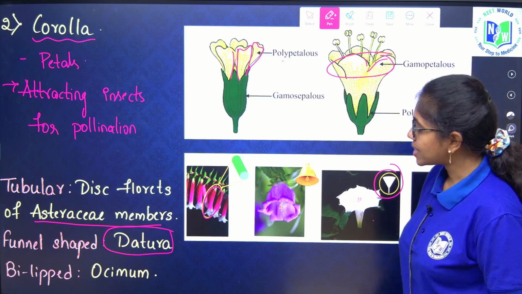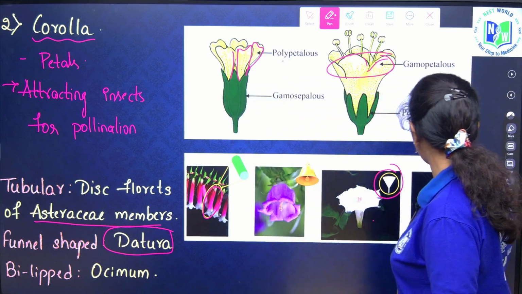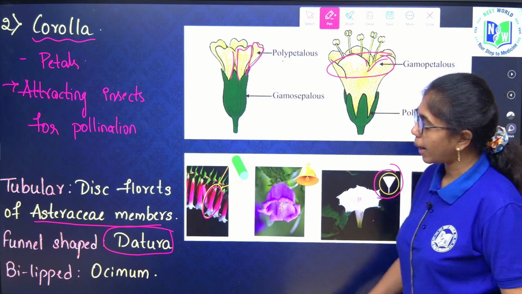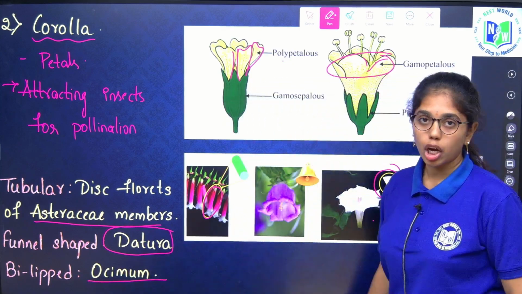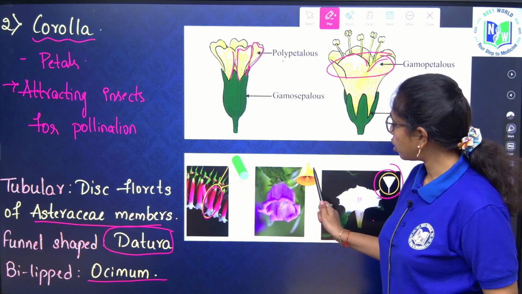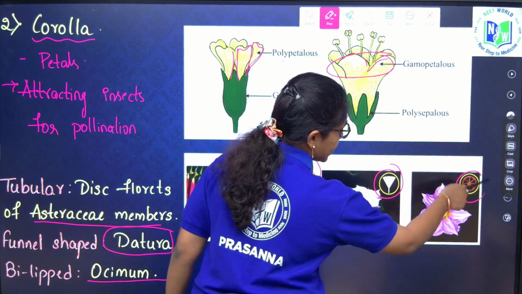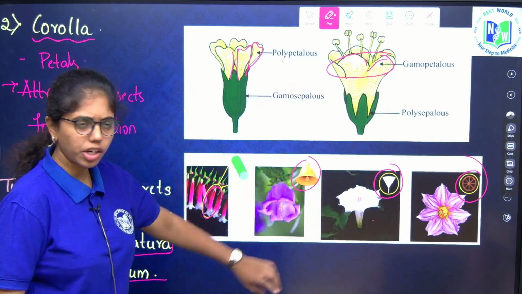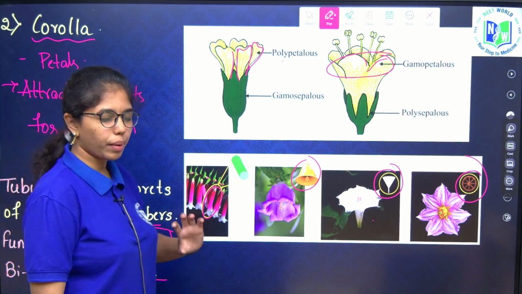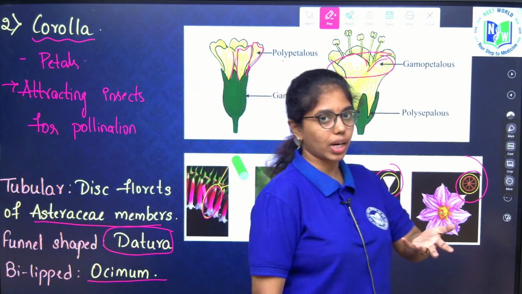And bilipped shape you will observe in ocimum. Apart from that, you will also see bell shaped corolla and wheel shaped corolla. These are different shapes of the corolla. You need not remember the examples, children. This is extra information for you.